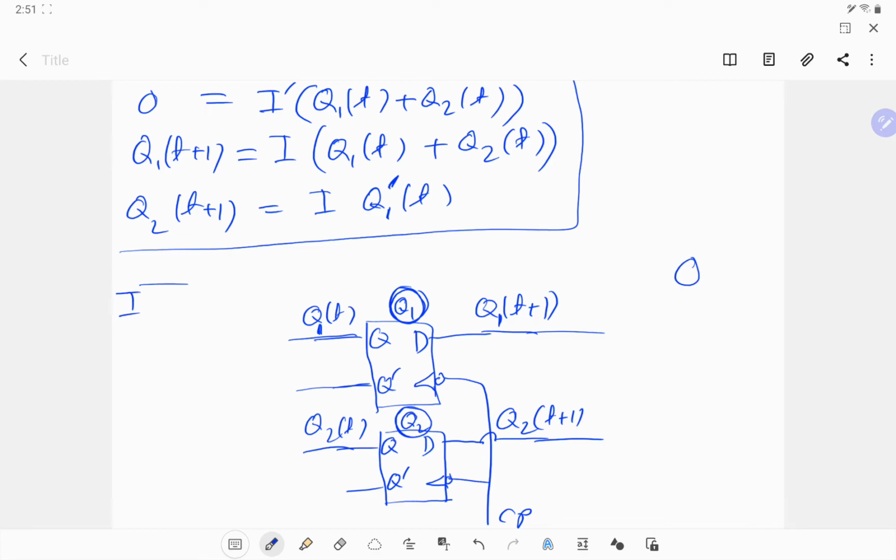Let's find the circuit for O first, the output. So O equals I prime. We need I prime, so we need an inverter here. It will give us I prime.